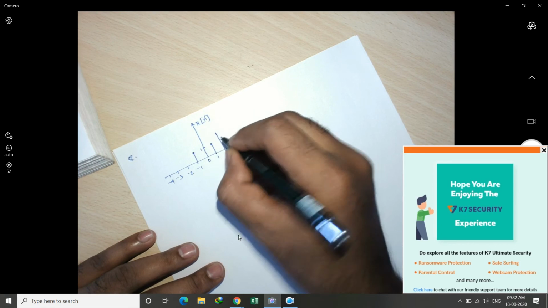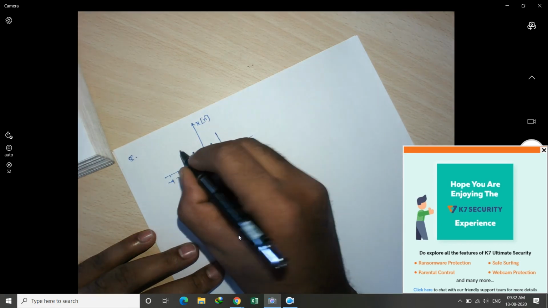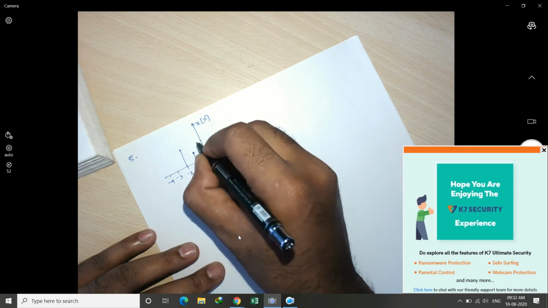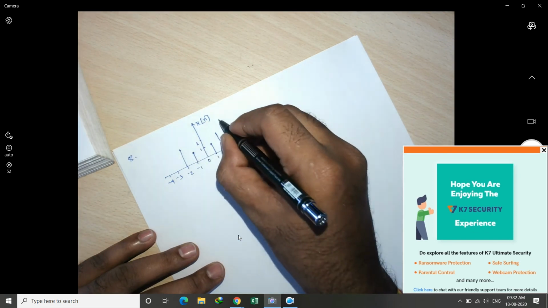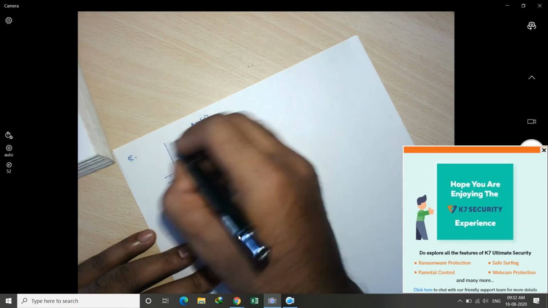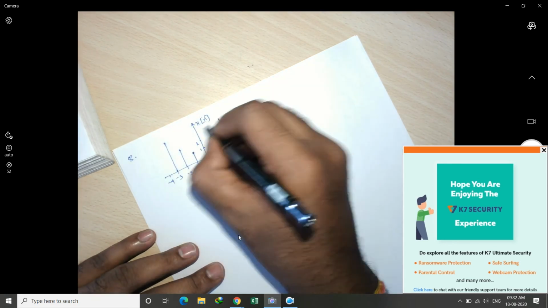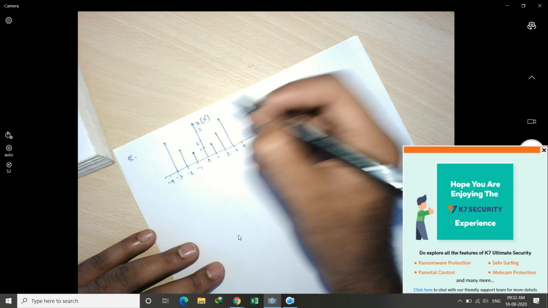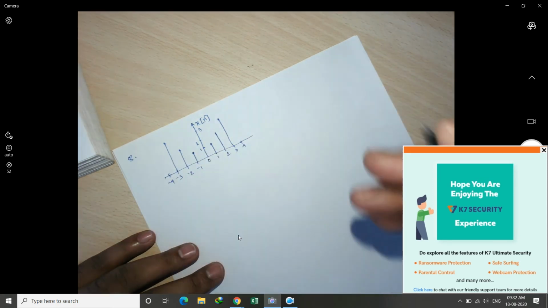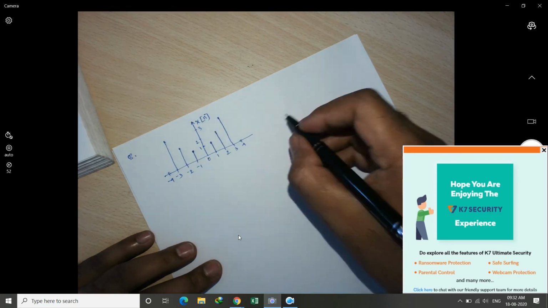The drawing may not be symmetrical, just try to draw a symmetrical graph on both sides. It is 2, and at 3 this kind of samples are there. The rest of these are 0 samples in x[n], and y[n] is given something like this.